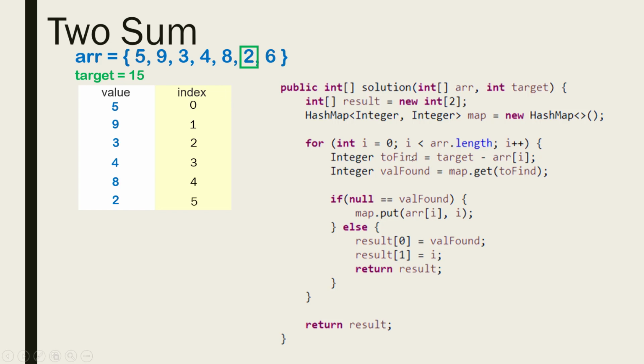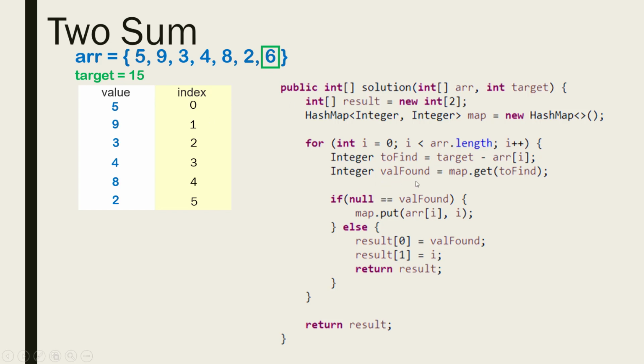Alright, so we have put everything. Now we are on the last one. So 6, index 6, right? Now to find is target minus array i, which is currently 6. So it's 9. So we are supposed to find 9 on the table. Map.get to find 9, so val found. It's this one.